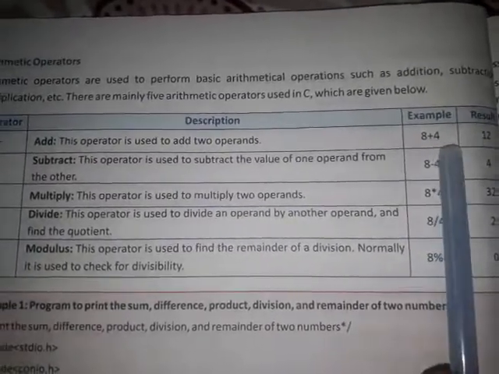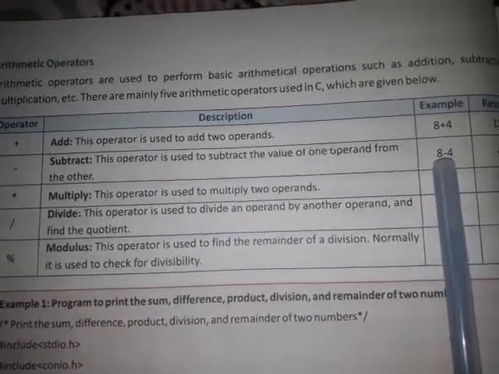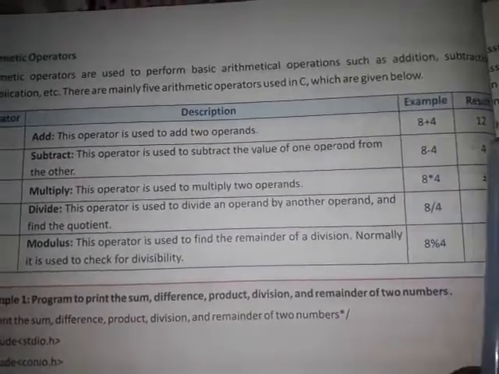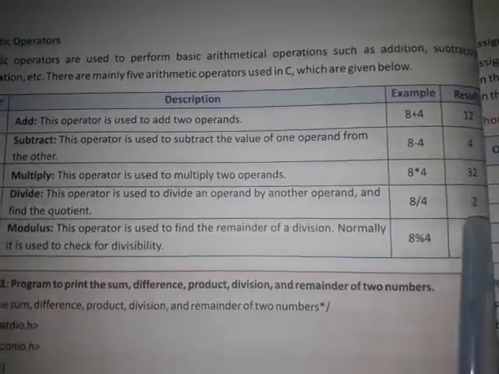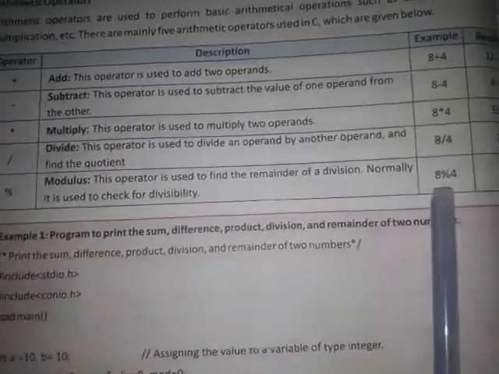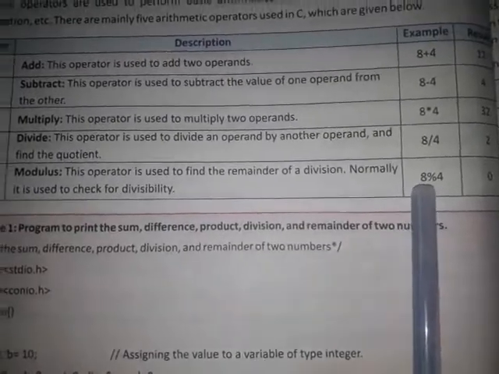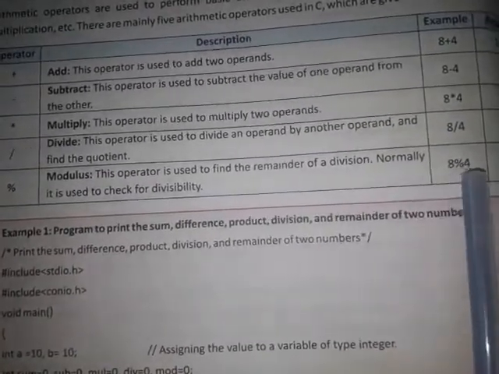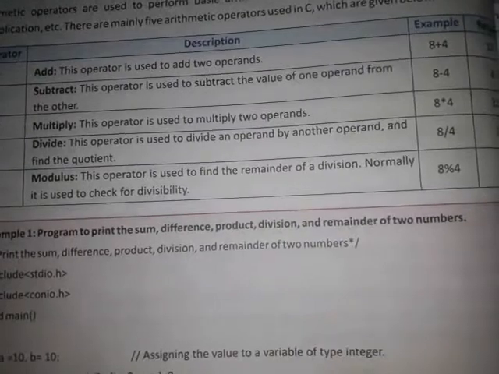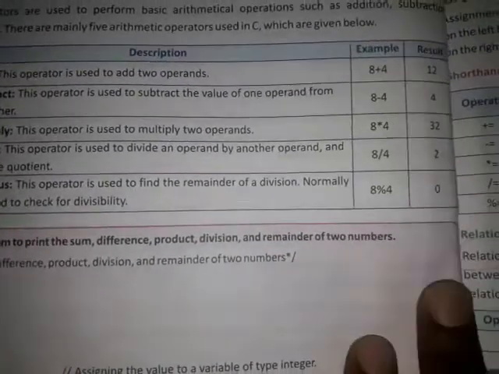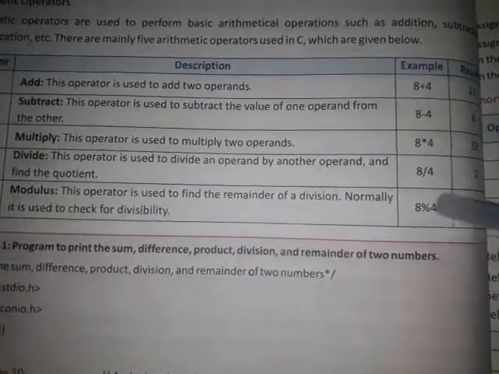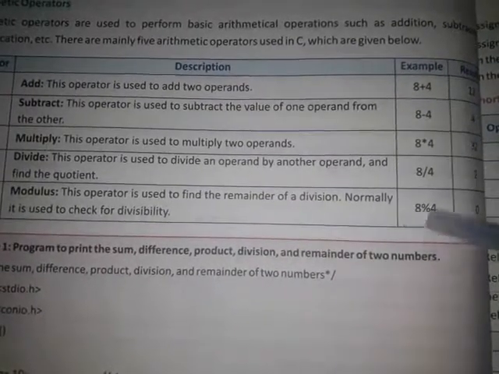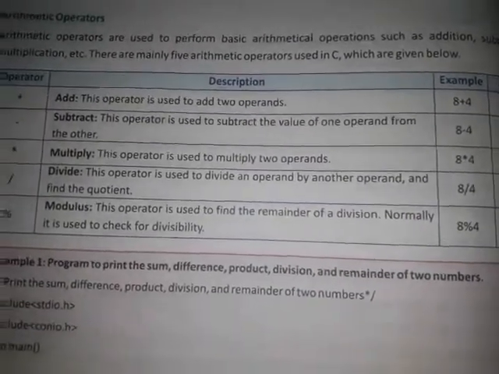Subtraction will subtract the operands: 8 minus 4 is 4. Multiplication also, division also, and this is modulus. Modulus means when 8 is divided by 4, what will be the remainder? The remainder here will be 0. So these are the different operators which will work according to their sign.